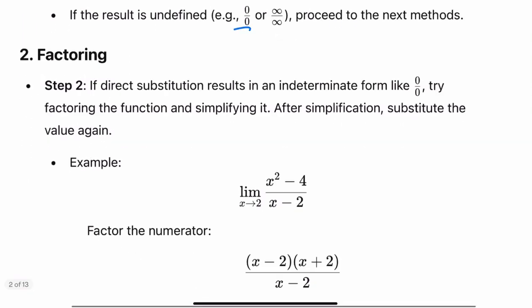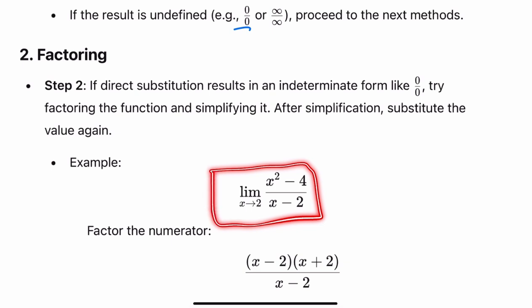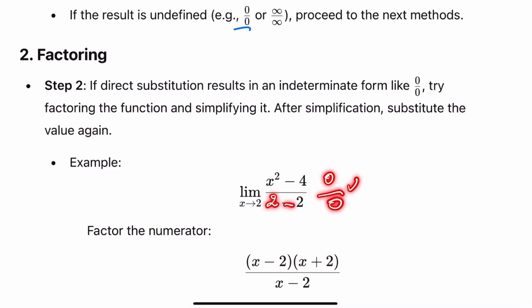So let's say we want to find the limit of this function when x approaches 2. If we substitute 2 here, we will get 0 down and 0 up, which is an indeterminate form. So in this case, we try to factorize.